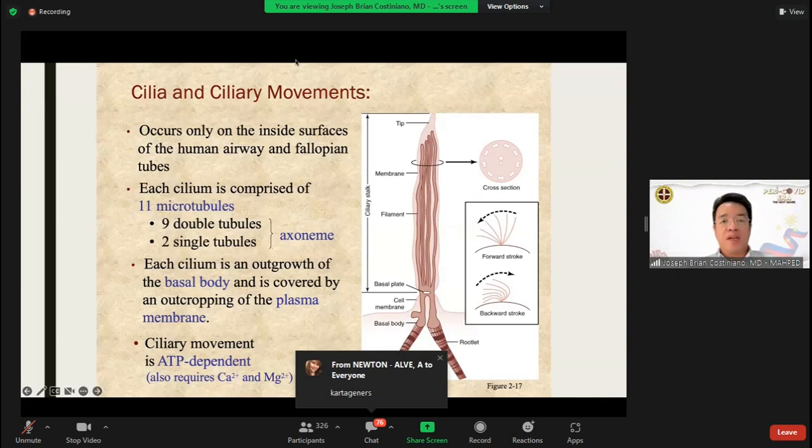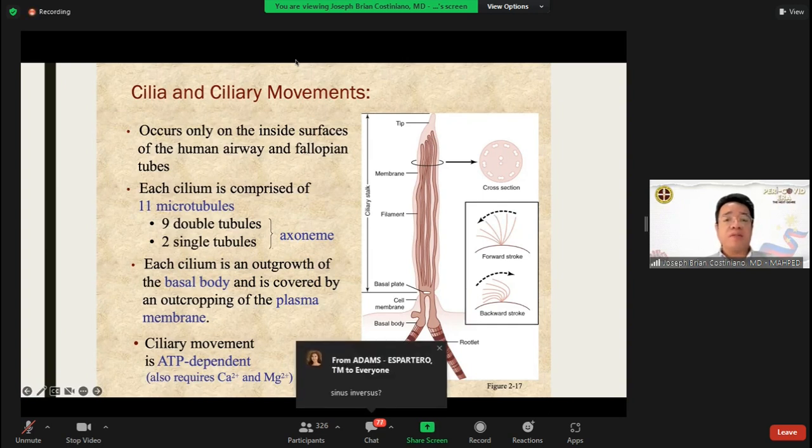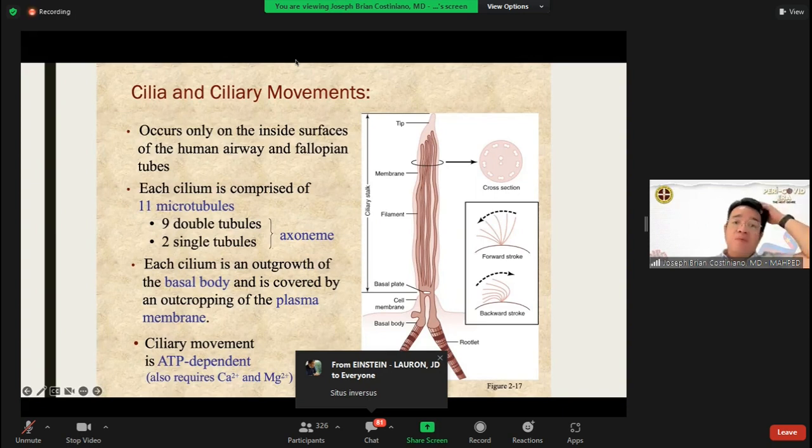Heart abnormality. What do you usually see together with it? Situs inversus. Situs inversus is also commonly seen in patients with Kartagener syndrome.